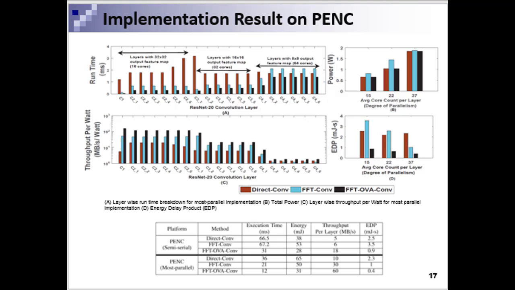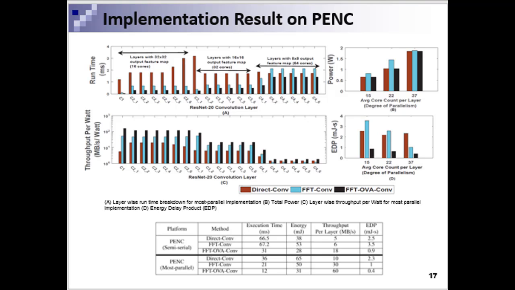Here I'm showing power for three different types of mapping in PENs: serial, semi-parallel, and most parallel. We can see FFT conv has the highest power because it needs additional routers and memory for the intermediate memory that is created after FFT.